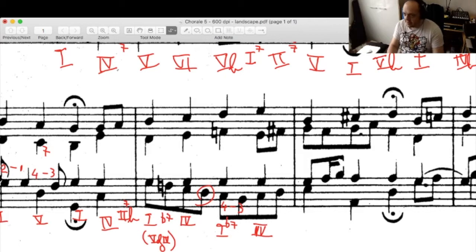Yeah, that's a passing note. That's a passing note. And now, followed by another passing note. And now I have a bit of consonance. So I actually have 2 consecutive passing notes between that and that. It's a bit of a dissonant moment.